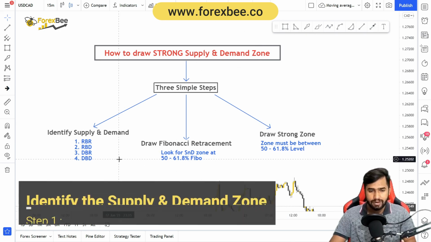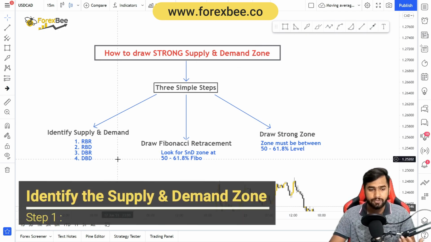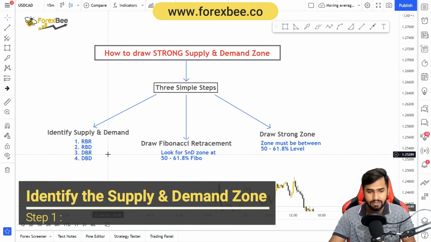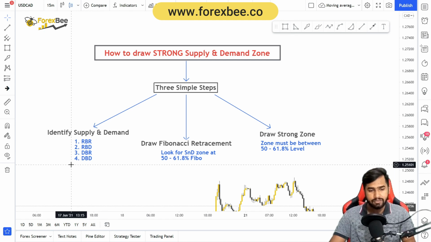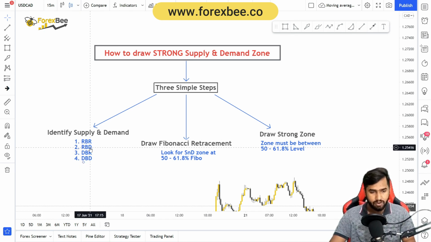So let's go ahead and discuss the first step, that is identifying the supply and demand zone. As we discussed in our previous video, there are basically four types of supply and demand zones. Those are the rally-based rally demand zone, the rally-based drop supply zone, the drop-based rally demand zone, and the drop-based drop supply zone.